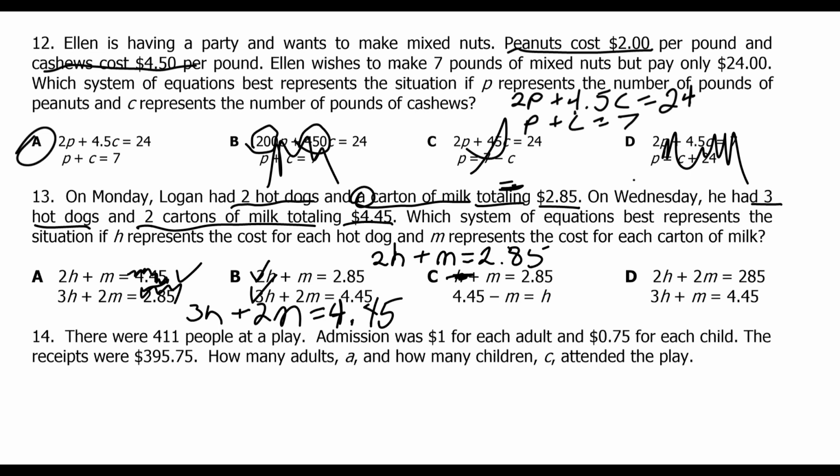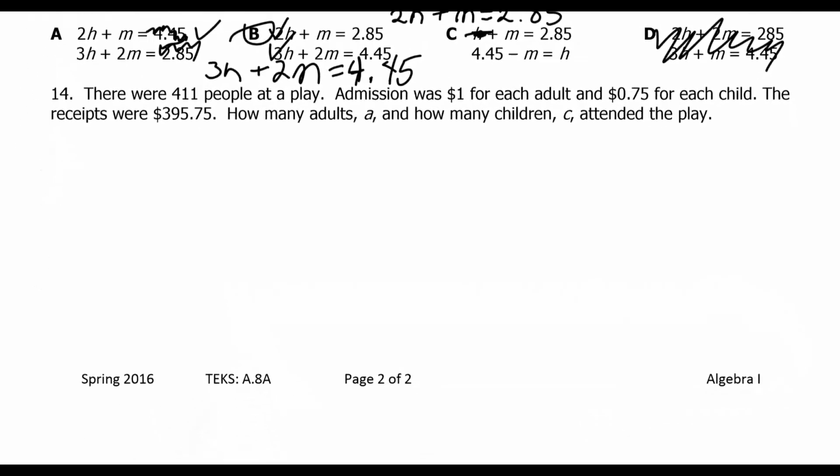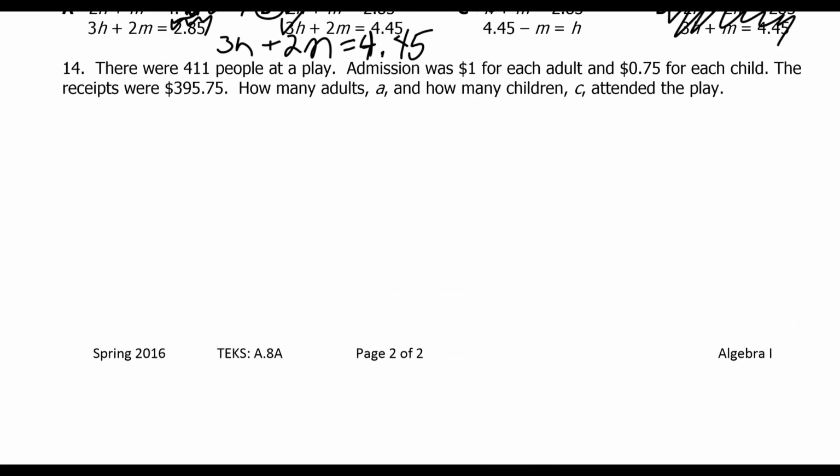Now, last question. There are 411 people at a play. So let's see, 411 people. Admission was $1 for each adult and 75 cents for each child. So we've got A plus C equals 411.